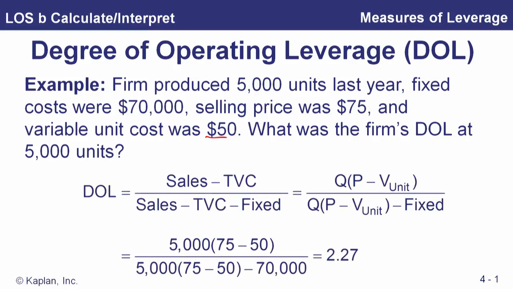Here we've got the price per unit, and we were given variable cost per unit. So $25 of that sales price goes to offset fixed costs, sometimes called the contribution margin, and then we just multiply that times the total number of units sold. That goes in the numerator and then again in the denominator, where we then subtract off the fixed costs. And we get a degree of operating leverage of 2.27.